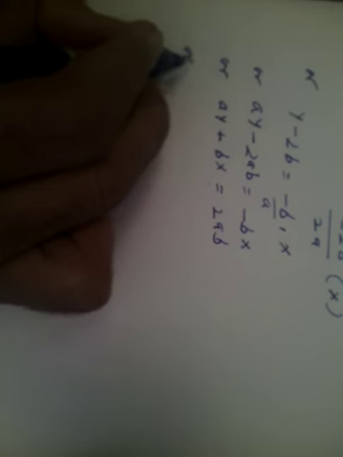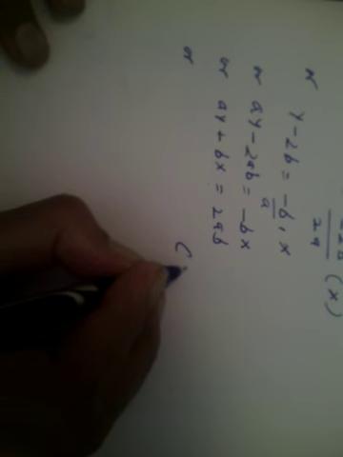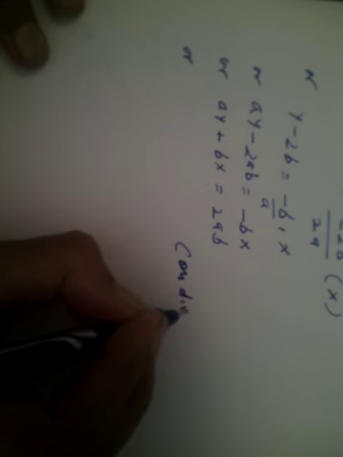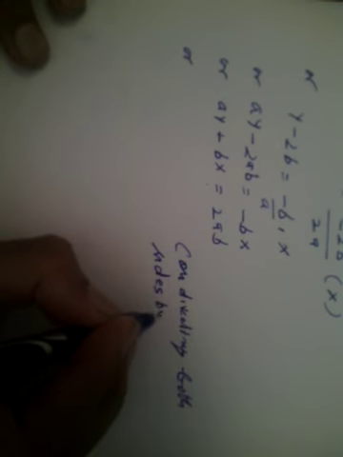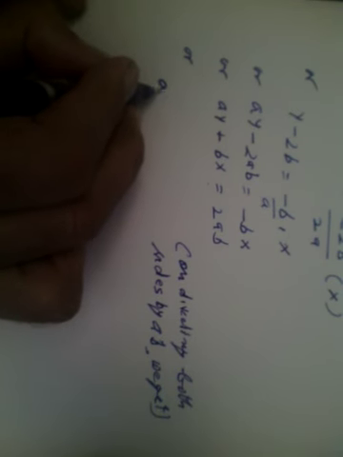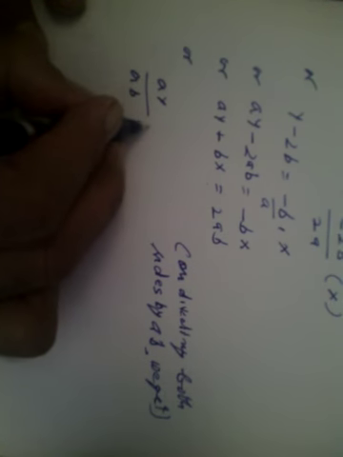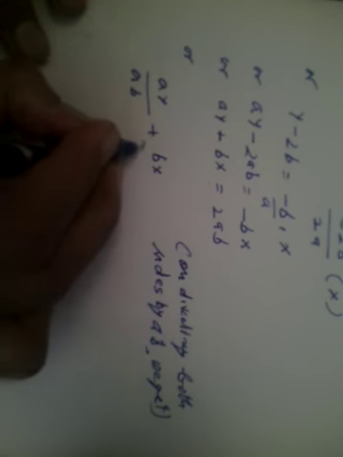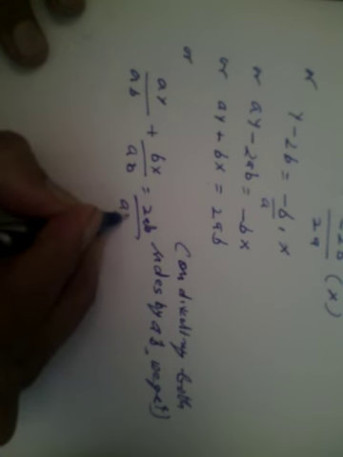Now if we divide both sides by ab, we get ay divided by ab plus bx divided by ab is equal to 2ab divided by ab.